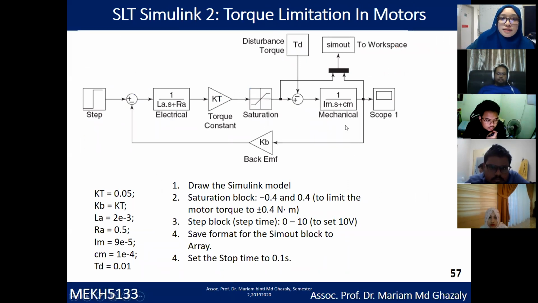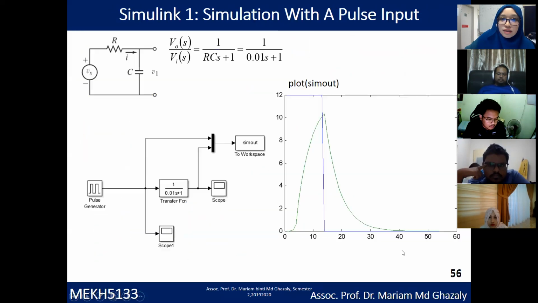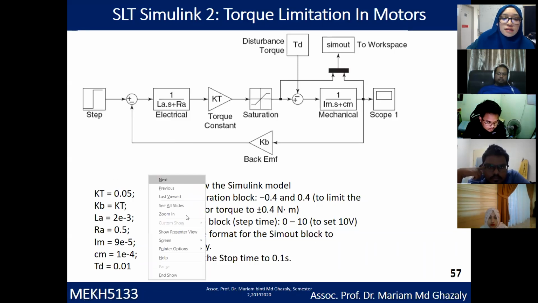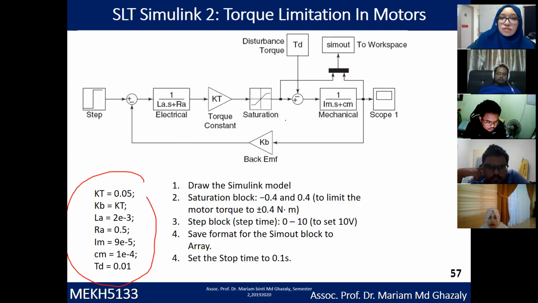Okay, based on this setting, draw the Simulink block diagram model. Use the transfer function, label everything, and so on. And then substitute the parameters into these values. You can declare these parameters like what you declared in MATLAB just now.